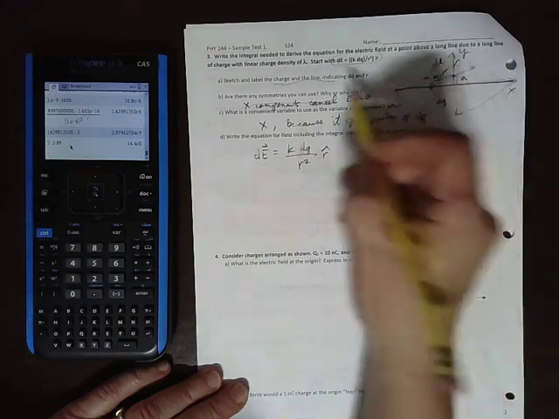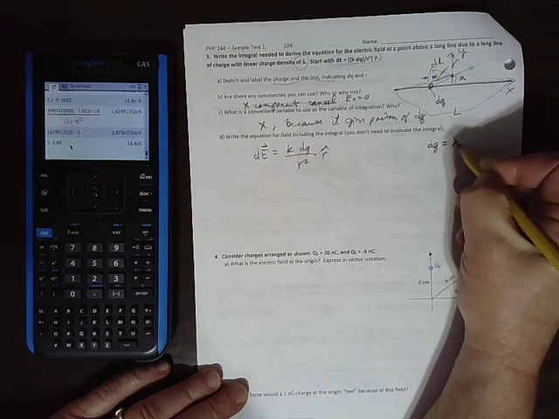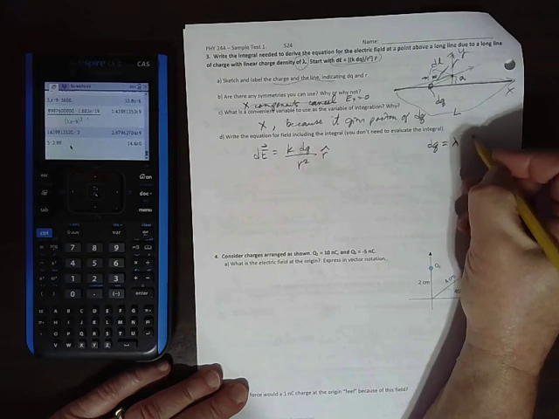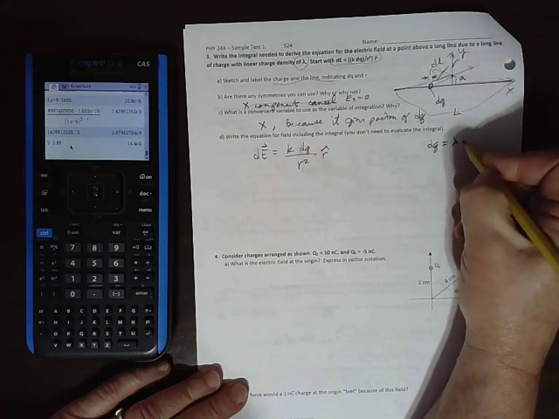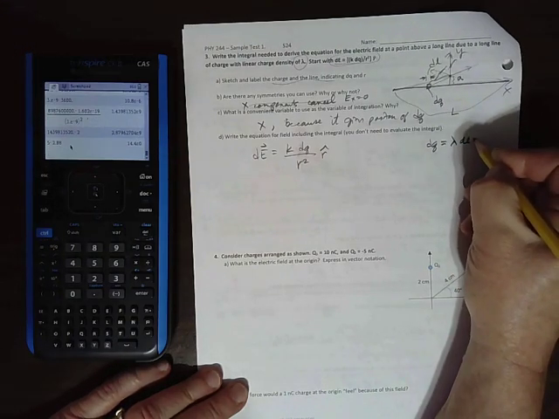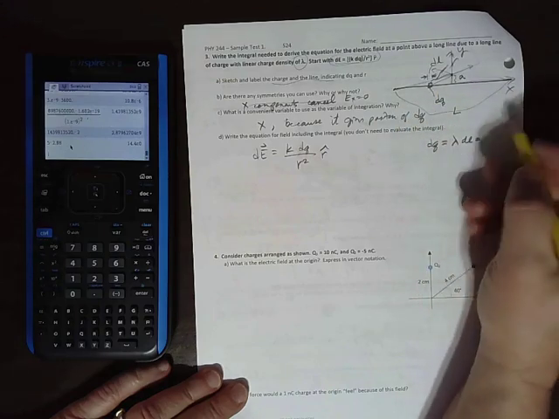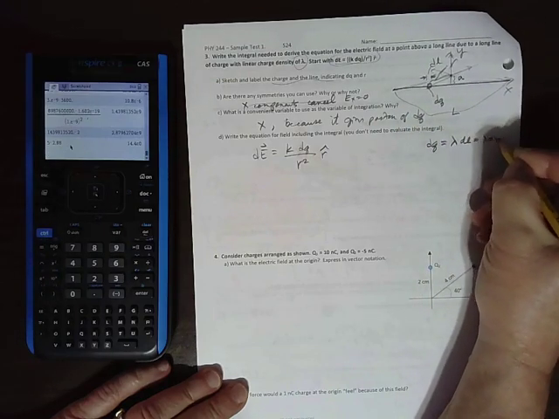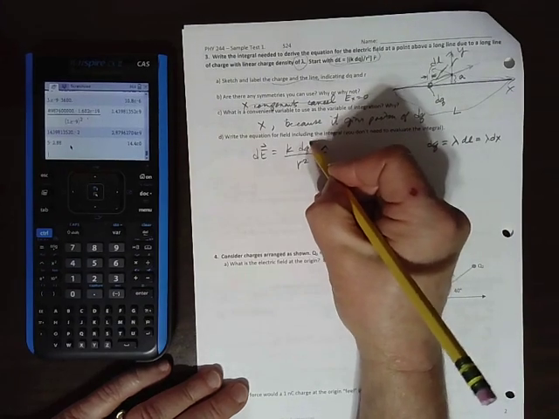So in general, charge density is coulombs per meter. It's charge per length, and so we're going to multiply that by the length. And so we will have lambda dl, and dl is a little bitty distance in the x direction, so we could call it lambda dx to get everything in terms of our x variable. All right, so we've got dq in terms of x.